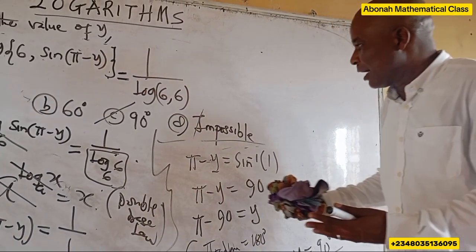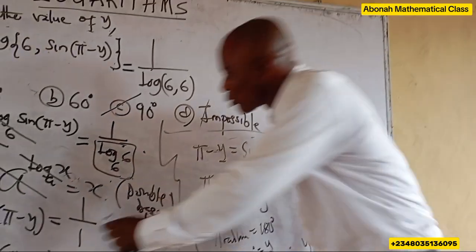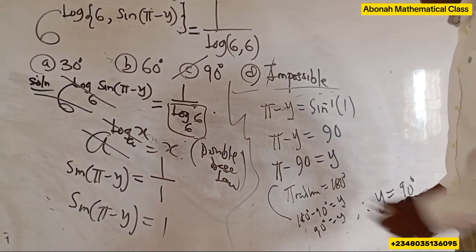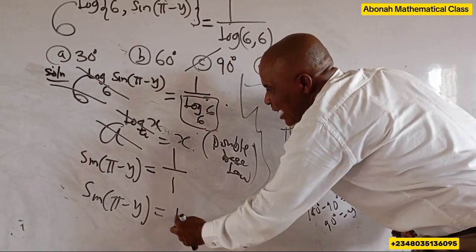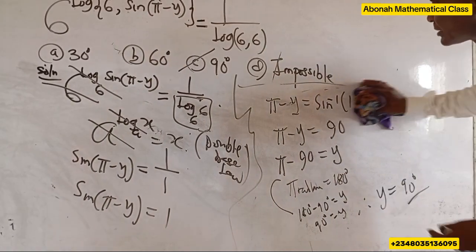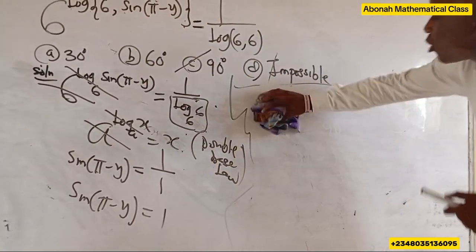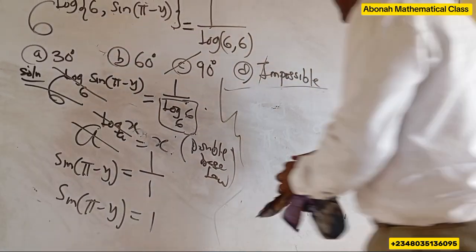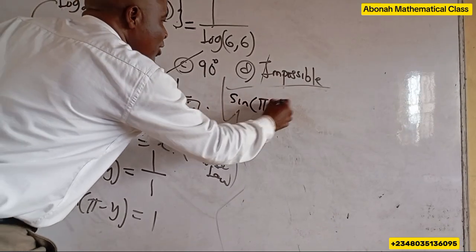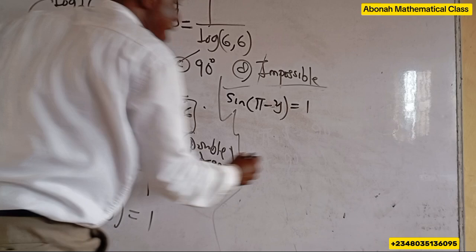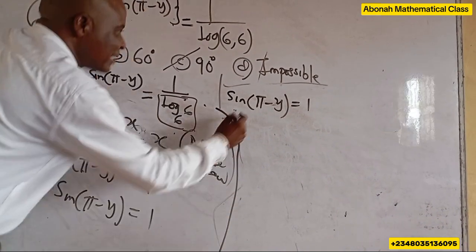Well, as I've said, I want to take the second part. I said we can approach this question in 2 ways. The first method is to take the sin inverse of 1 immediately. That's what I've done. The second is I'm going to use what I call a trigonometry identity. From here, sin(pi minus y) is equal to 1. Now, second part, I'm going to split it.